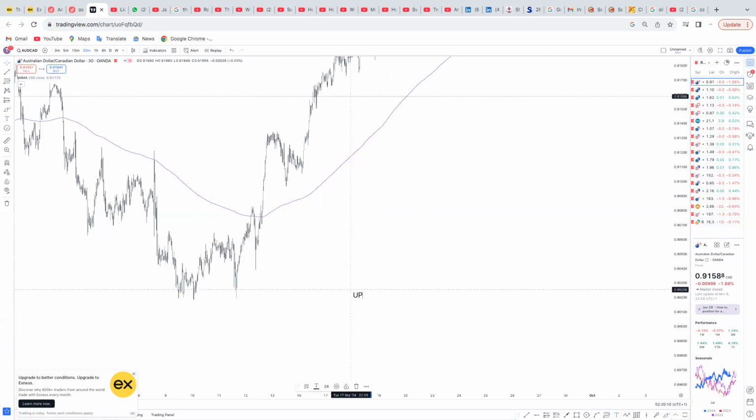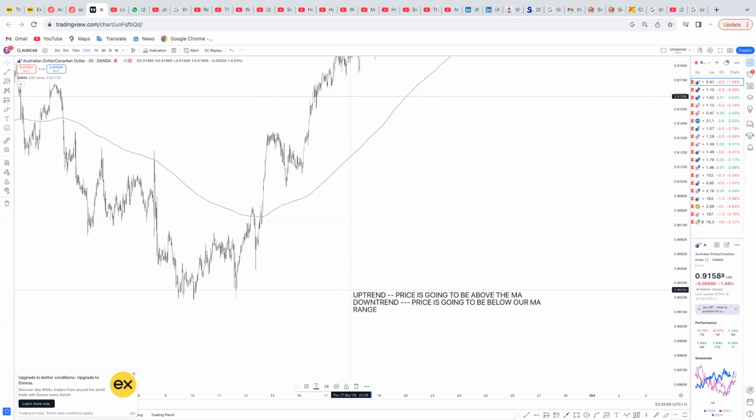For the uptrend, price is going to be above the moving average, the MA. For our downtrend, price is going to be below our MA, our moving average.